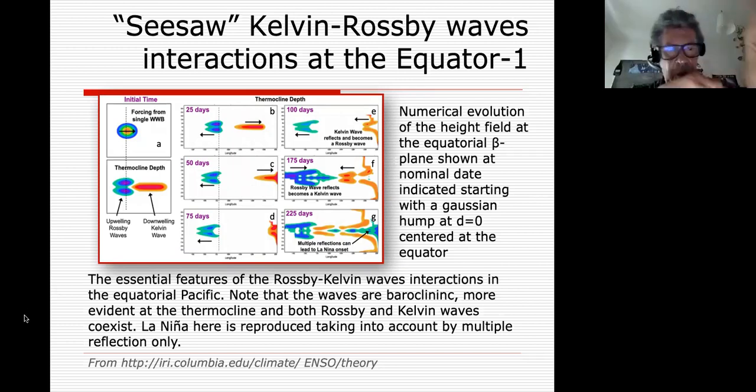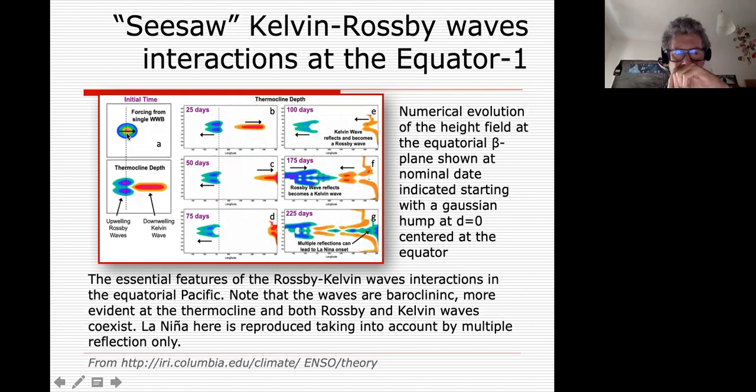The forcing you see here, we'll see better in the next slide, but the initial condition is a sort of anomaly, positive and negative, present in this area.